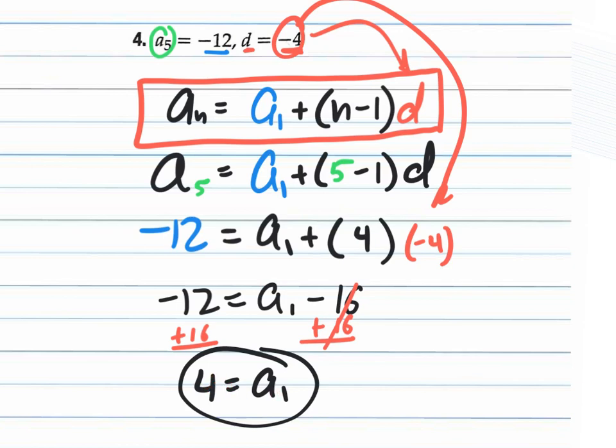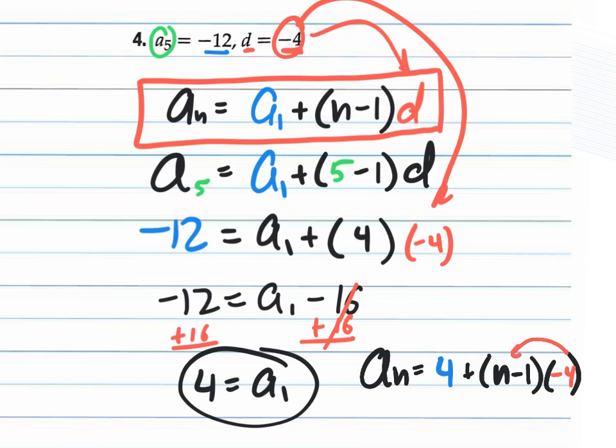Okay, so let's write out our new a sub n equation. A sub n equals a sub 1, which is 4, plus parenthesis n minus 1 times that common difference, which is negative 4. Plug it in right there. And after doing that, you need to distribute to simplify it and then combine like terms.